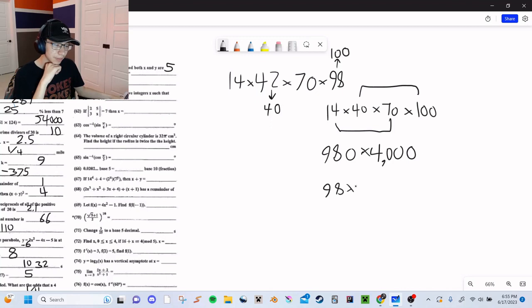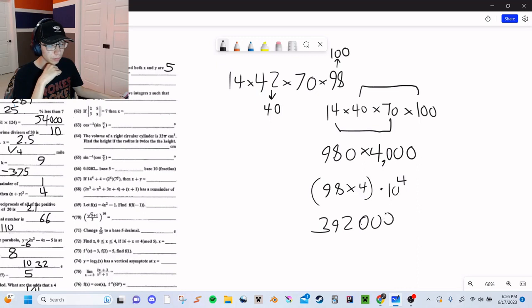I'm going to just pretend I'm doing 98 times 4. I'm pulling out those 4 zeros, which means I'm pulling out 4 factors of 10. So I'll put in those 4 zeros at the end. So 98 times 4, that's just going to be 392. Now I got back my 4 zeros. 1, 2, 3, 4. That's my answer. 3,920,000.